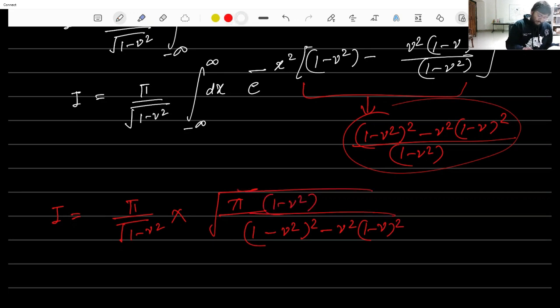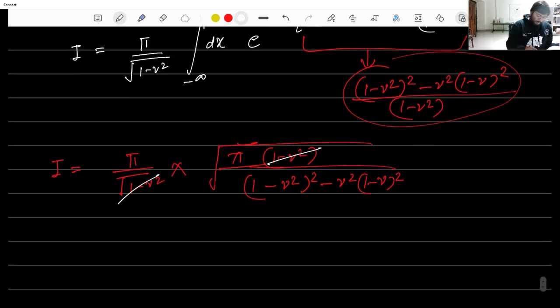So this term cancels out, this factor cancels out, and the integration becomes pi to the power 3 by 2, and you take outside this 1 minus nu square, 1 minus nu factor comes outside.